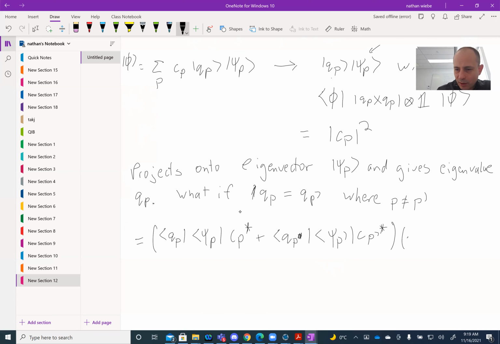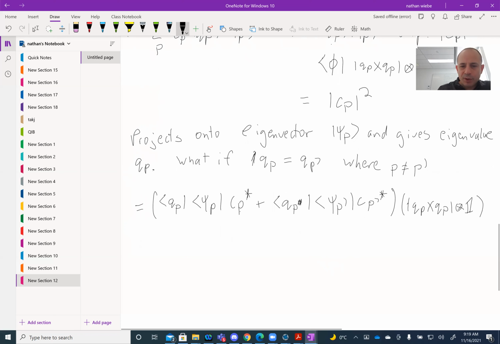Okay, and then this is q_p, q_p, tensor identity, all multiplied through by the exact same thing we have above, but the other way around, plus q_p ψ_p' c_p'.